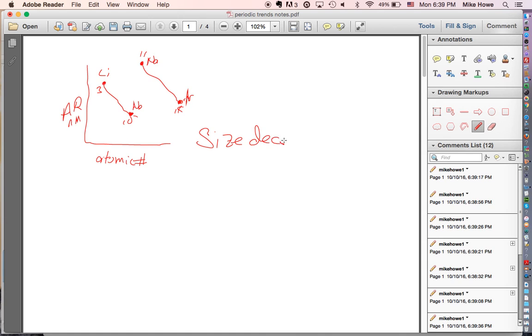And we said the reason for that was that the number of protons was increasing.